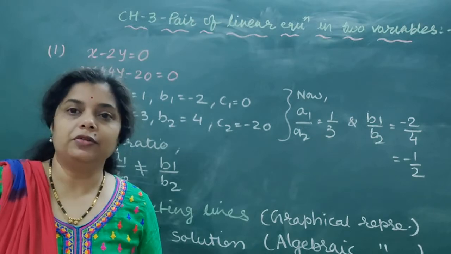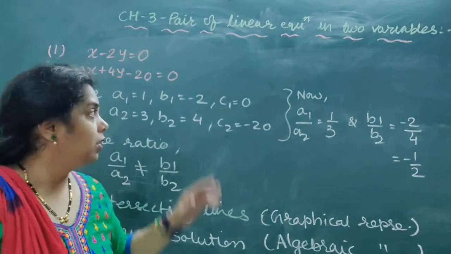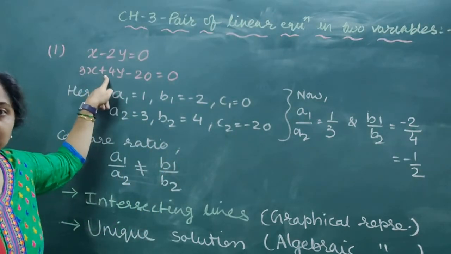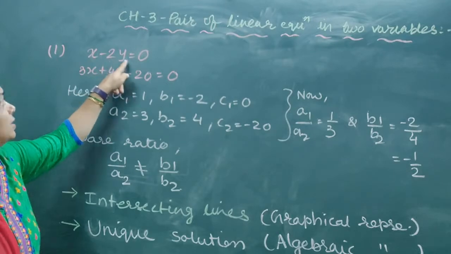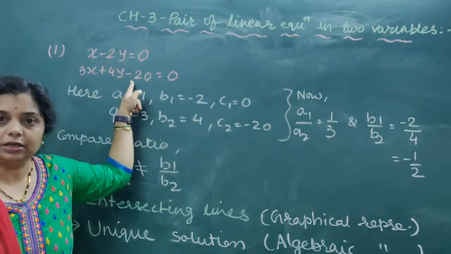Now let's see what kind of pair of linear equations this is. Here I have written a pair: x minus 2y is equal to 0 and 3x plus 4y minus 20 is equal to 0.